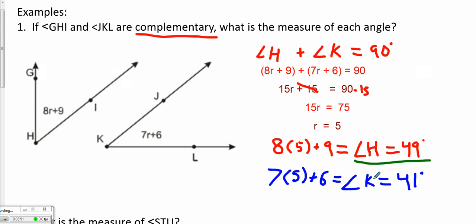So angle K is 41 degrees. These are our two answers then. We can't just stop at r equals 5 because we don't know the measure of the angles then. So, to double check, if this was 49 degrees and this was 41 degrees, 49 plus 41 equals 90, meaning they are complementary. So these are our two answers.